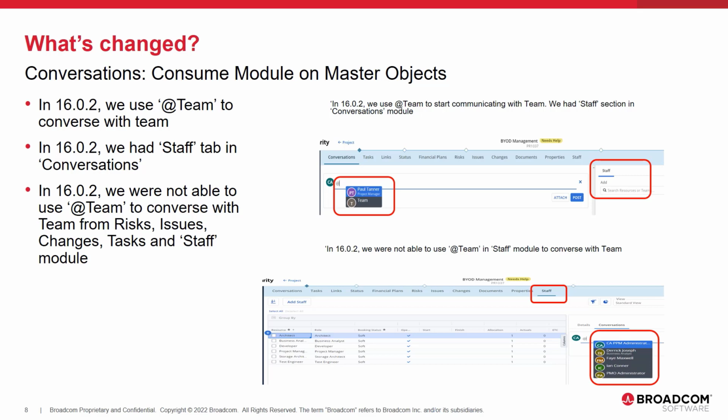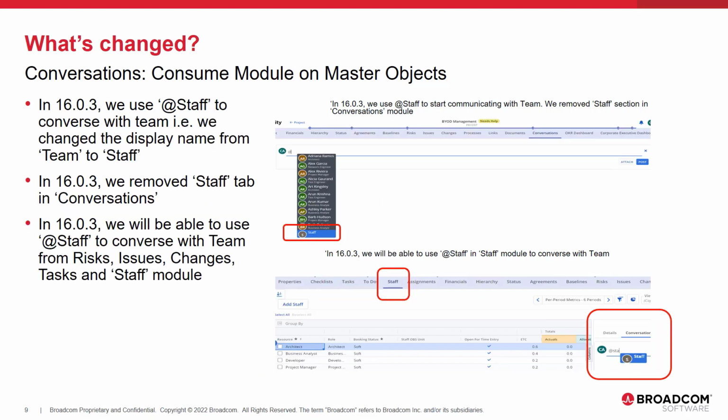Also, we were not able to use @ team to converse with the team from risks, issues, changes, tasks, and staff module. Based on customer feedback, we made the following changes in 16.0.3.